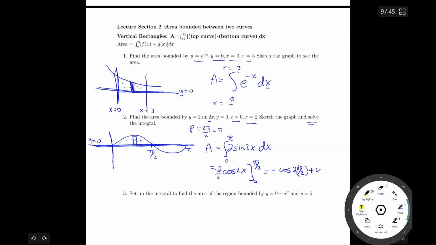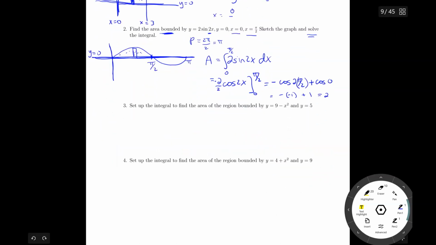Subtract off a negative cosine of 0. This gives me cosine of pi, which I know is negative 1, times another negative, and then plus cosine of 0, which is 1. So here I get 1 plus 1, which gives me an area of 2. Area bounded will always be a positive quantity.